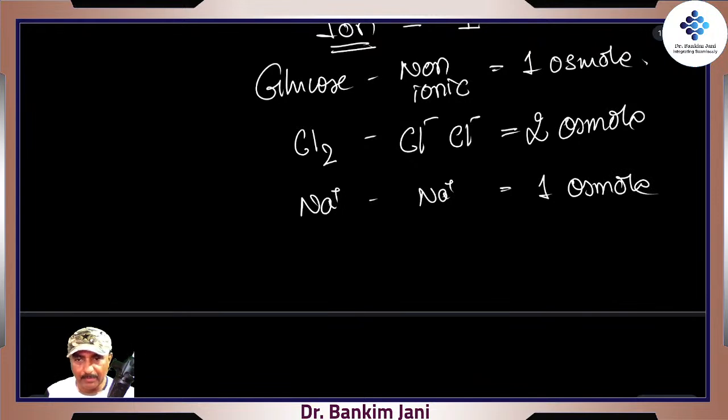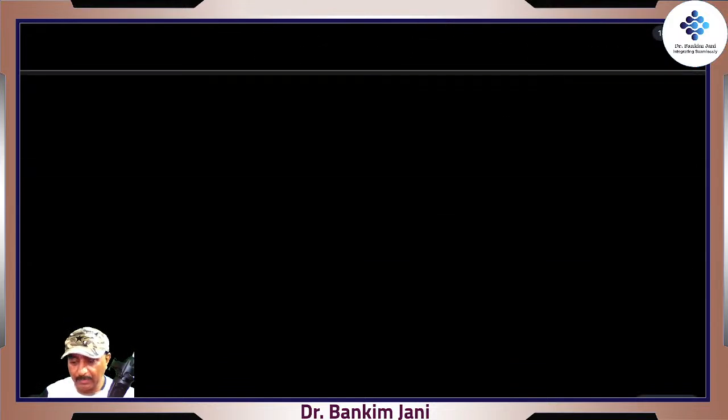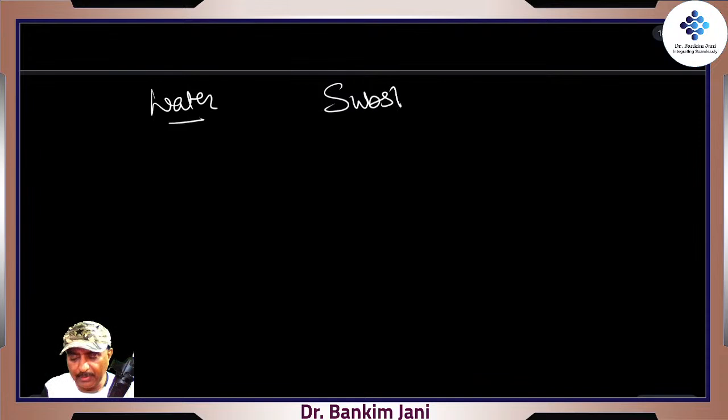Simple, right? Okay, now let's take one example and that will make things very fine. You have to just answer this question. Here is the water. Osmolarity is always measured in liters, right? So in this water, this one would be our substance.